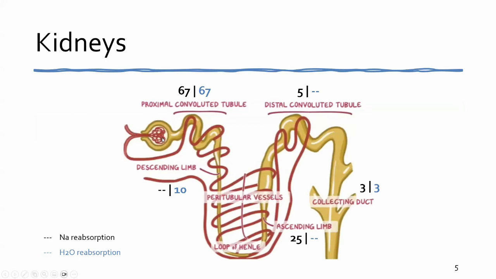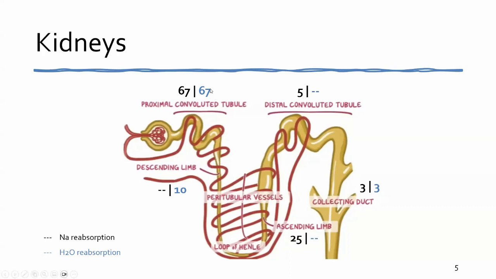Then everything apart from red blood cells and protein passes into this Bowman's capsule as the filtrate, and then into the renal tubule. The blood vessels then exit the renal corpuscle as the efferent arteriole, and then split into the peritubular vessels which surround this nephron. Ions like sodium are reabsorbed from the renal tubule into these peritubular vessels.